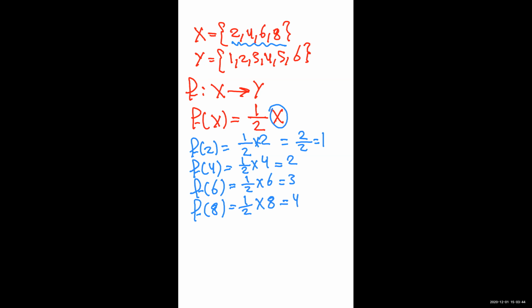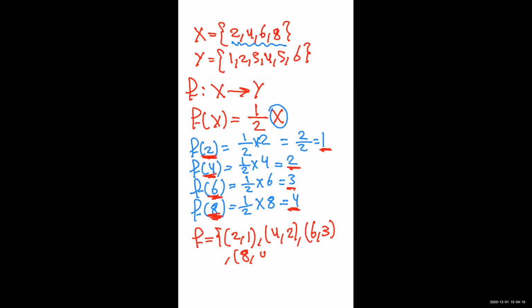So now the ordered pairs. When x equals 2, f of x equals 1. So the set of the function will equal the set of (2, 1), then (4, 2), then (6, 3), then (8, 4).